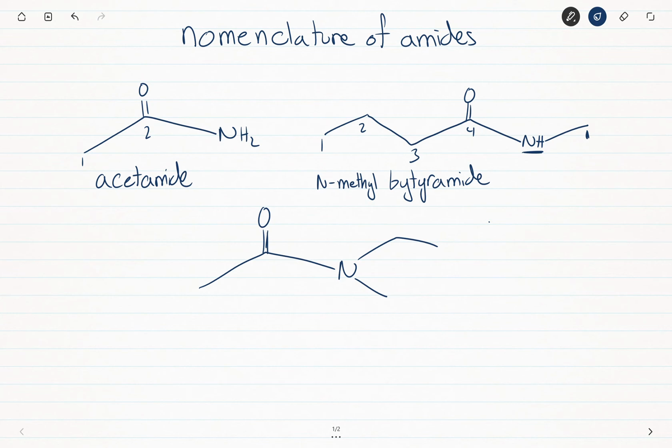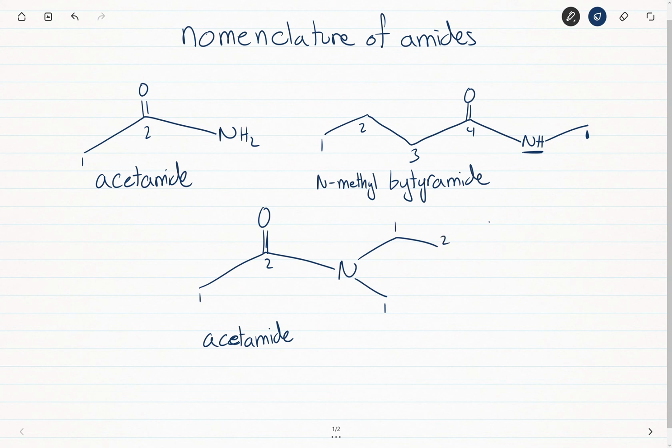The last one, we go back to a 2 carbon chain, so that's still an acetamide. And now we have 2 substituents attached to the nitrogen. It's 1 carbon chain, and it is 2 carbon chain.